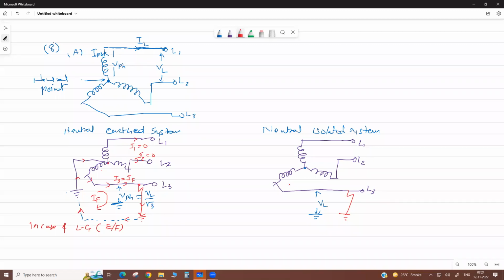This does not make any closed circuit path. In a grounded neutral system we make the ground resistance less than 1 ohm, but here ground also has some resistance, so no current will flow through this.